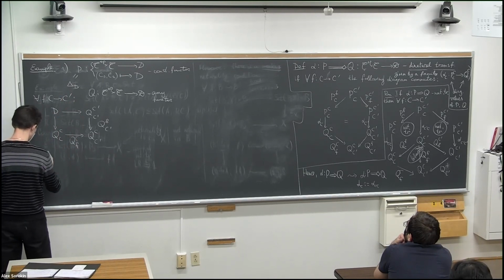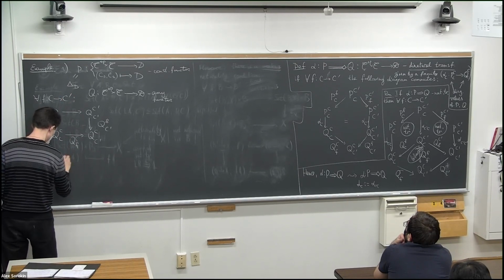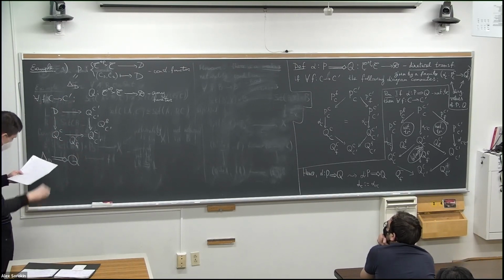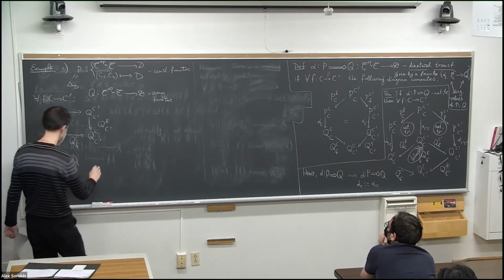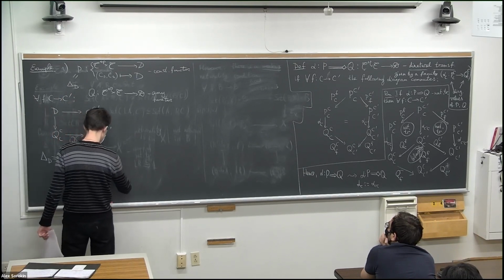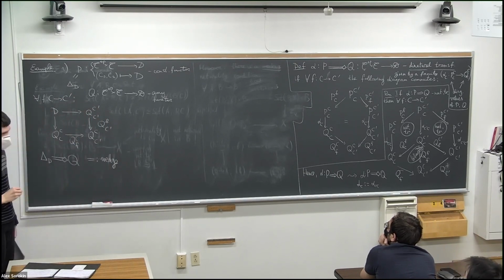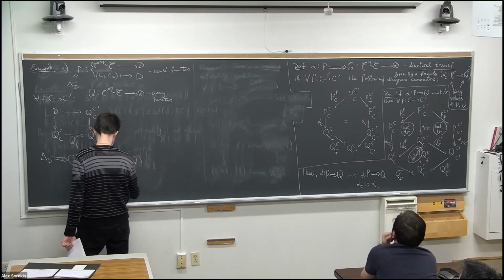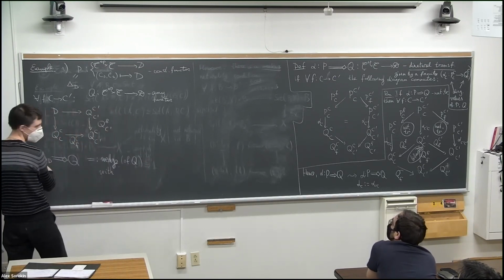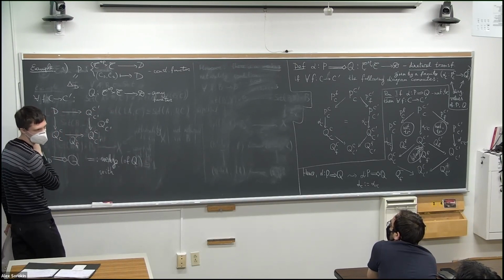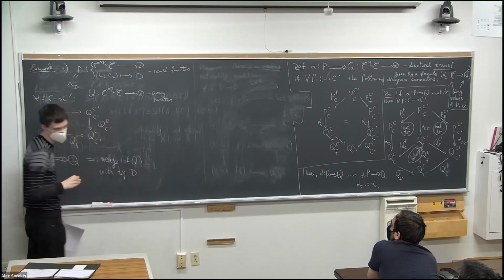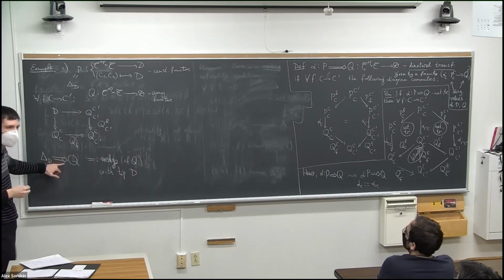So in this case, we will write that we have delta sub D, the natural transformation to Q. Such a natural transformation is called a wedge, with a tip D. This is a substitution of the things that we learned last time.